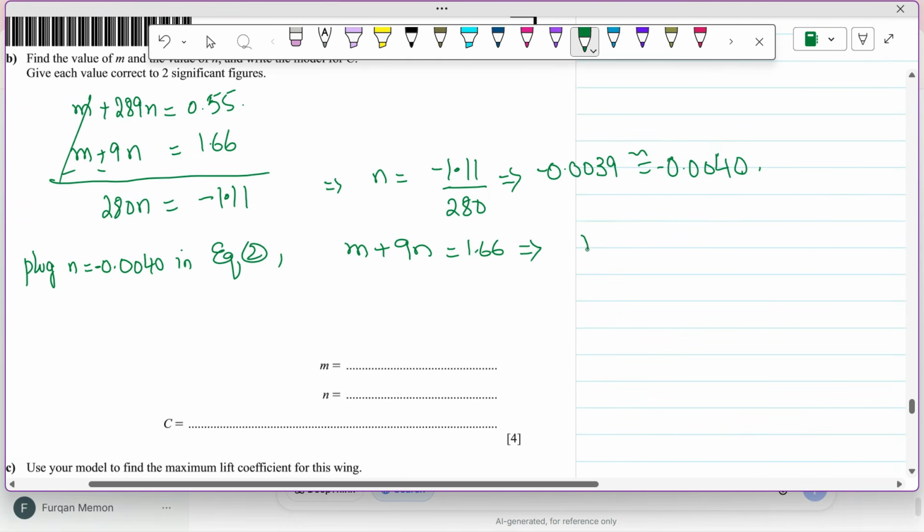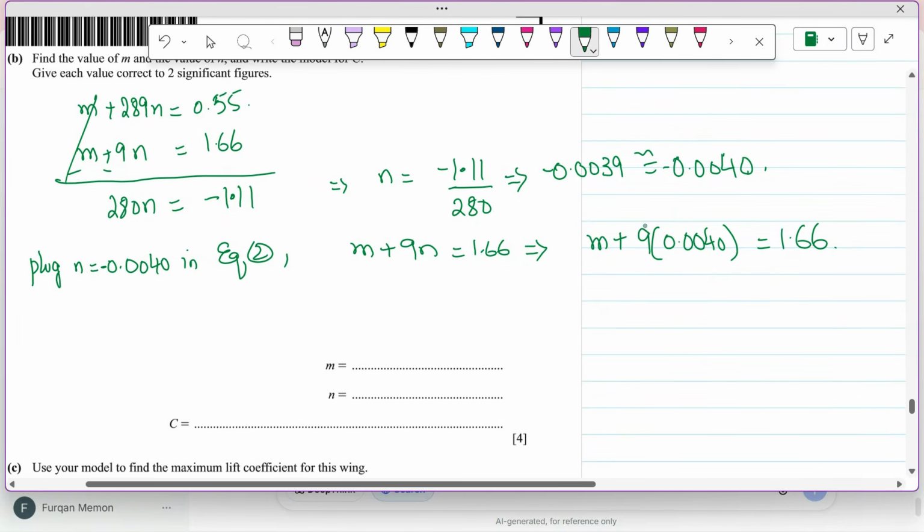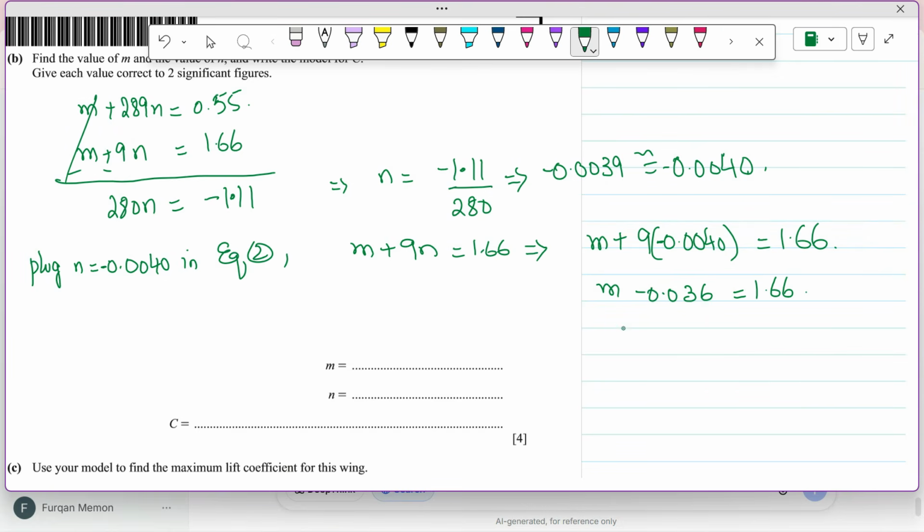In this case, m plus 9n means 9 times negative 0.0040, so 9 times 0.004 is negative 0.036. So m minus 0.036 equals 1.66, and m in this case equals 1.66 plus 0.036. So m is 1.696.